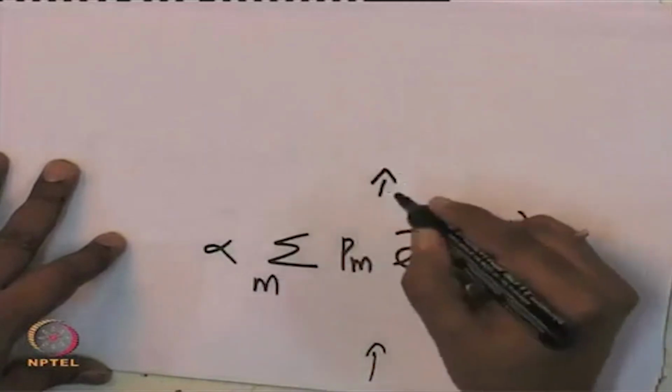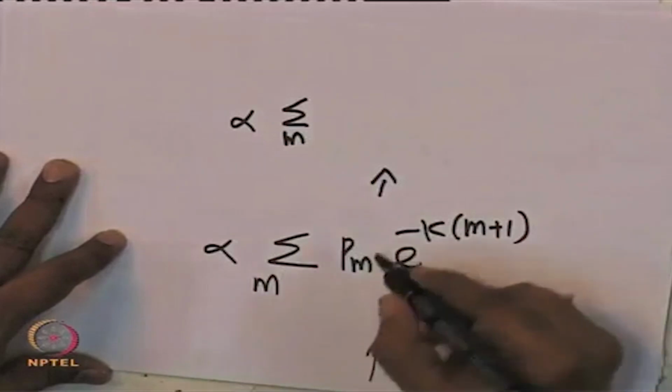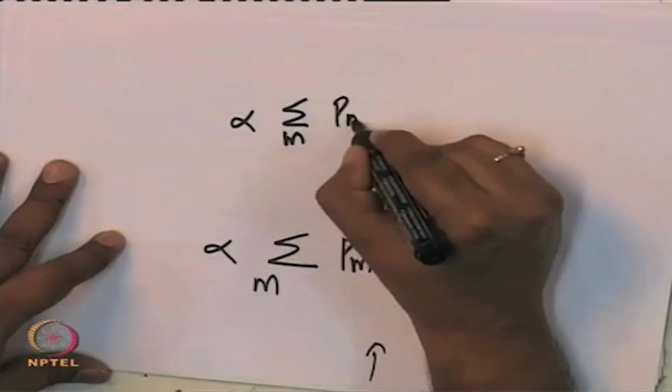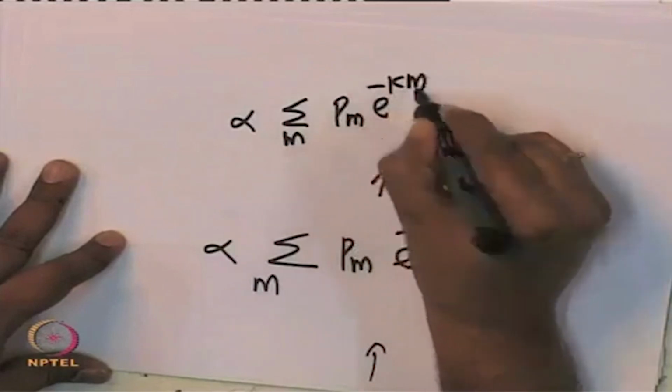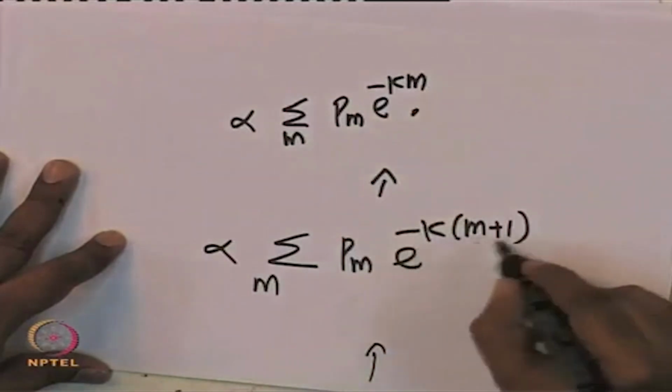So, this can be written as alpha into sum over m p m e power minus k m, into e power minus k.